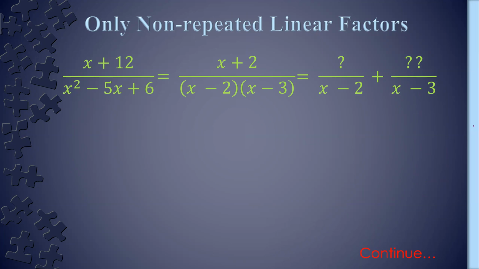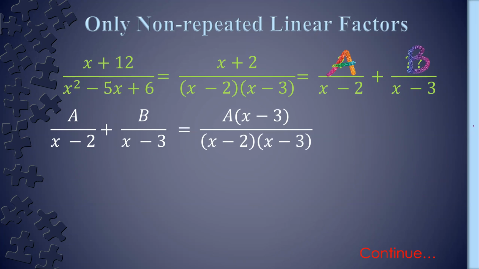All right, now let's call that A and let's call this B. And then what we're going to do now is perform that addition to see what the answer would be in terms of A and B. Okay, and to add two fractions, I would need a common denominator.